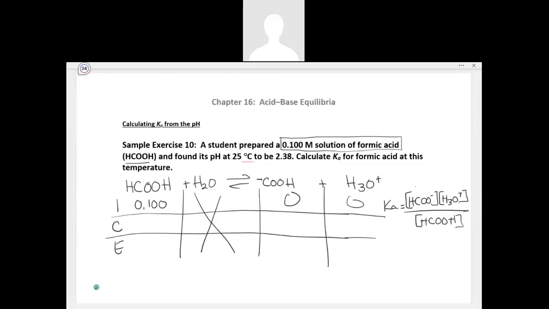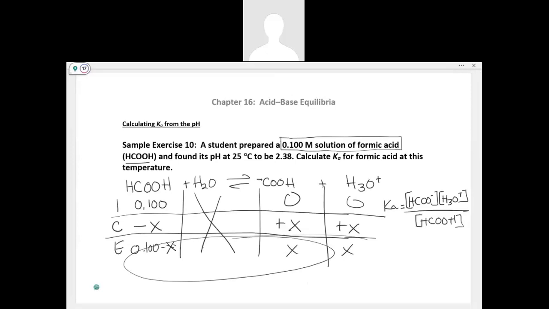So let's move along. Using the balanced chemical equation, we see that for every 1 mole that we lose of this, which we'll indicate with the variable x as -1x, we get +1x of each product. So our equilibrium concentration will be 0.100 minus x, and then over here we'll get x and x. So now we're going to plug in these equilibrium values to our equation.